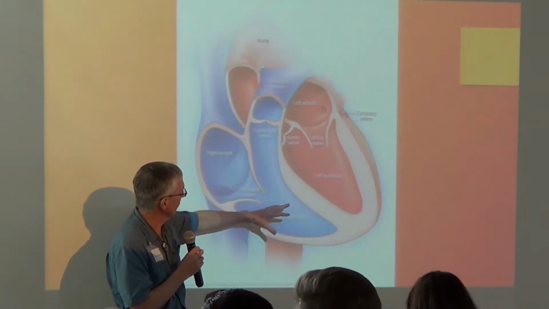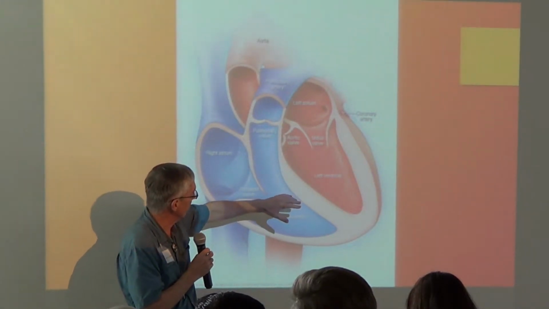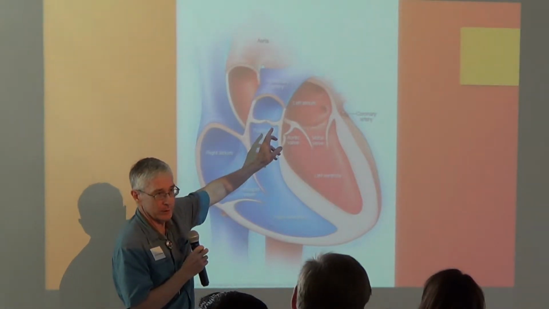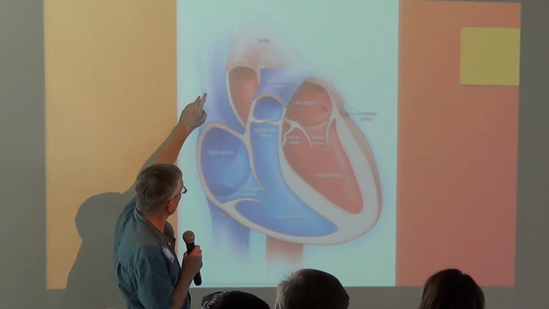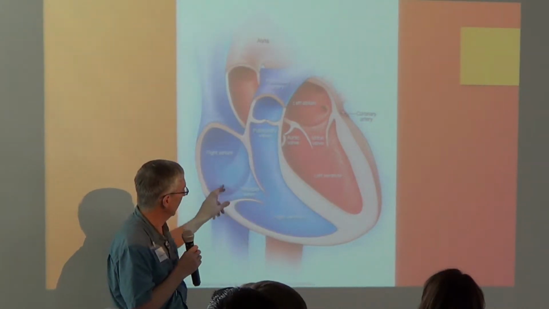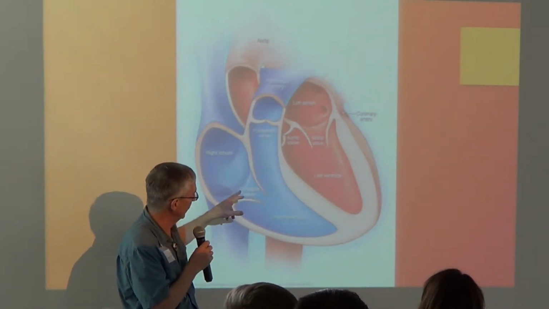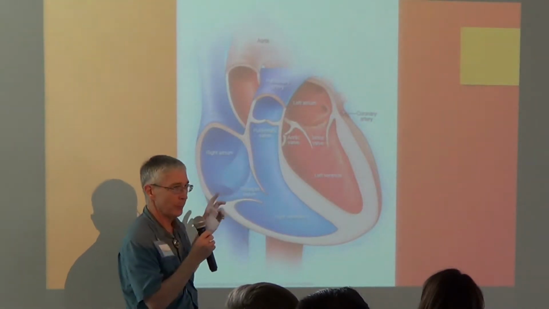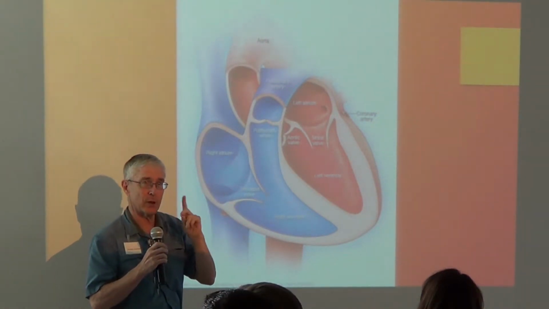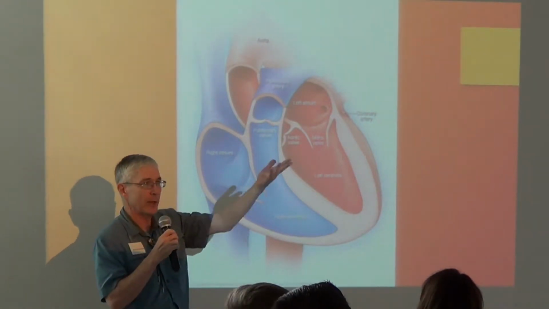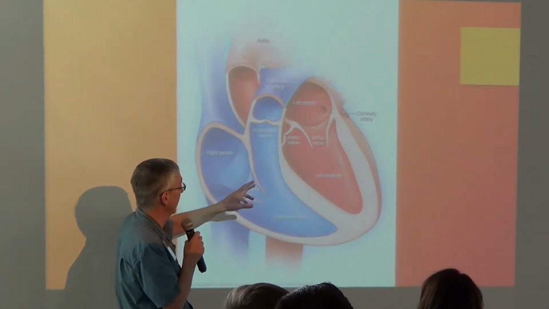The right ventricle squeezes together with the left ventricle, and then the blood goes out this valve to the lungs. Because remember, this is the low oxygen side of the equation. And so we have to get more oxygen in the blood, so it goes from the right ventricle to the lungs, picks up oxygen, gets rid of carbon dioxide. They're both important, right? And then we breathe out that carbon dioxide.